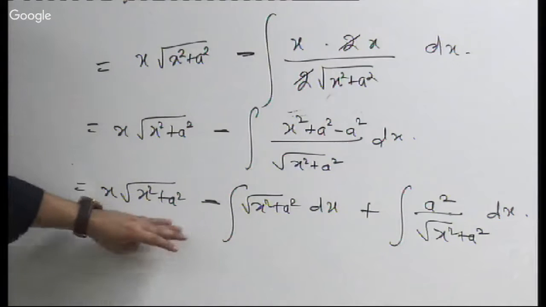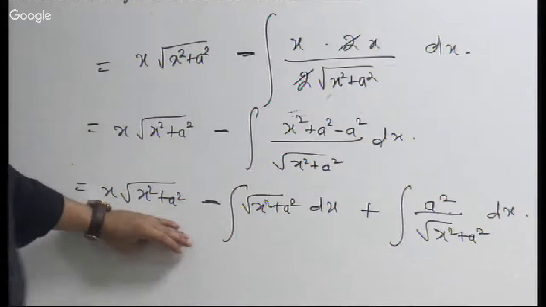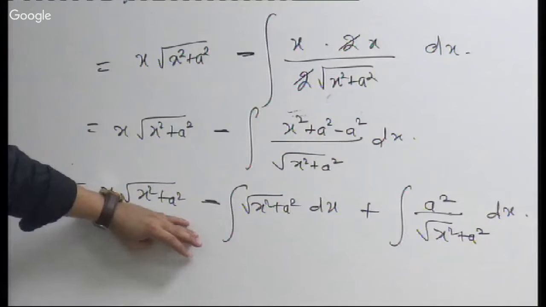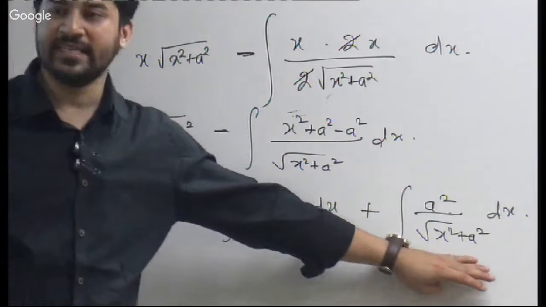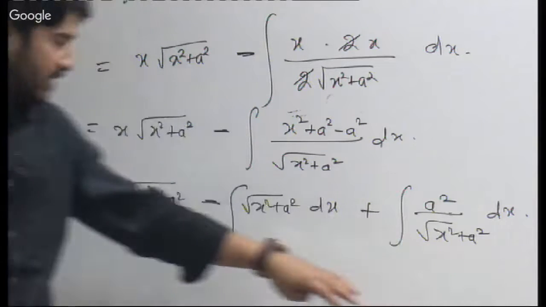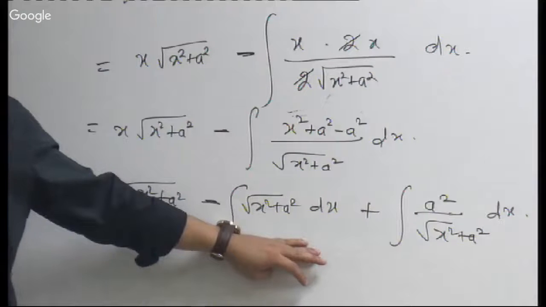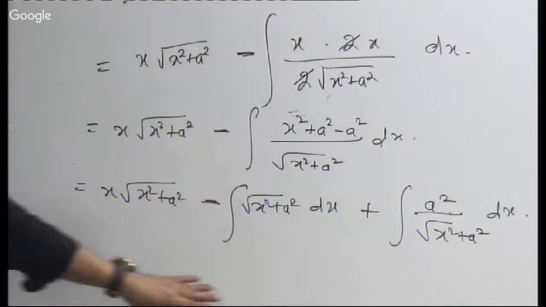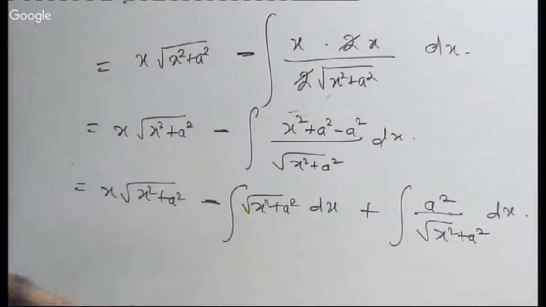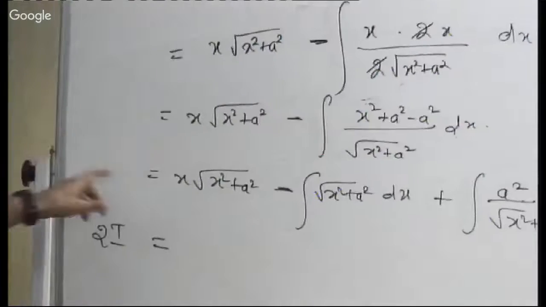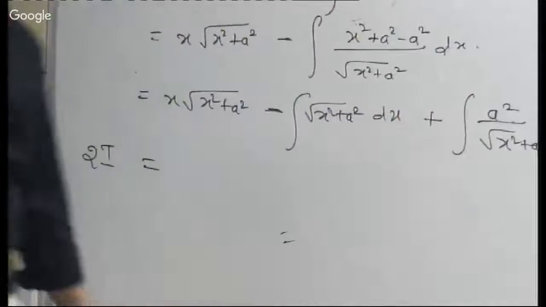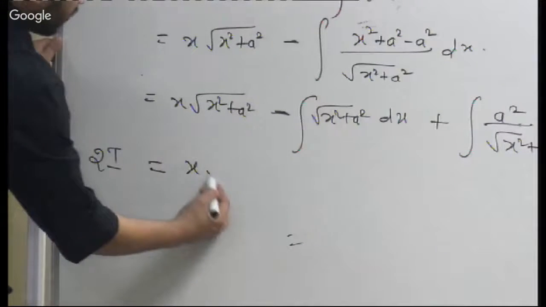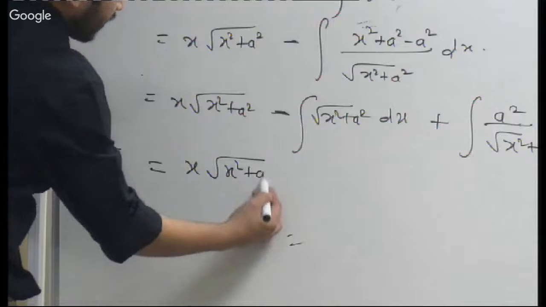This is already my answer, I have got it in an expression form, and this I can easily integrate. This one is the same question, I. So I'm going to put I on the left hand side, so it will become 2I is equal to this plus this. So I'm going to say x into under root x square plus a square.